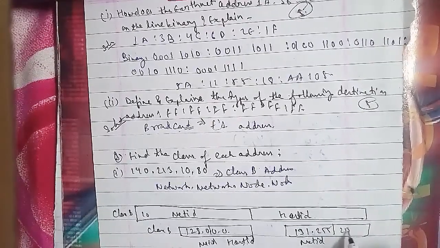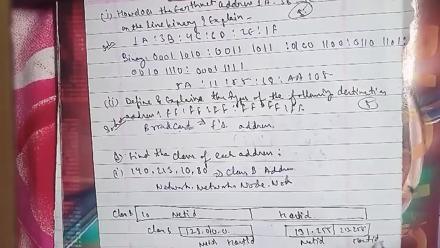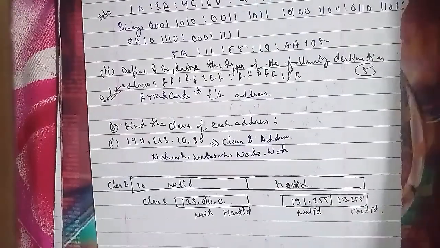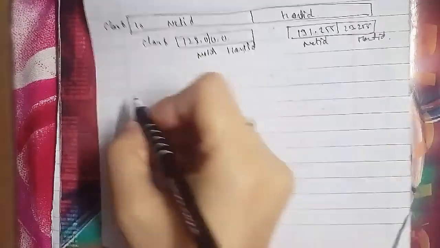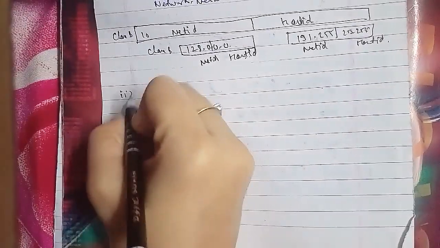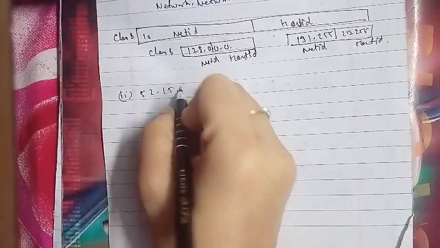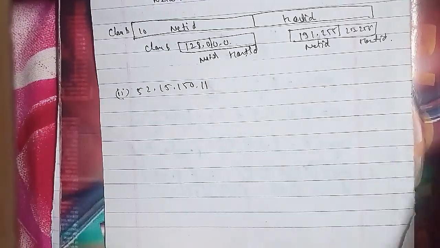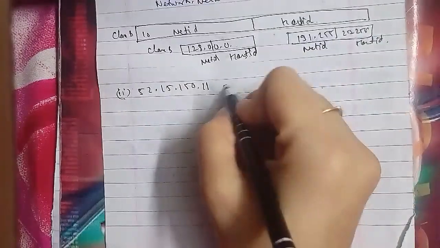Here the given IP address belongs to class A. So the representation we have here for class A is 0, net ID, and this is host ID.